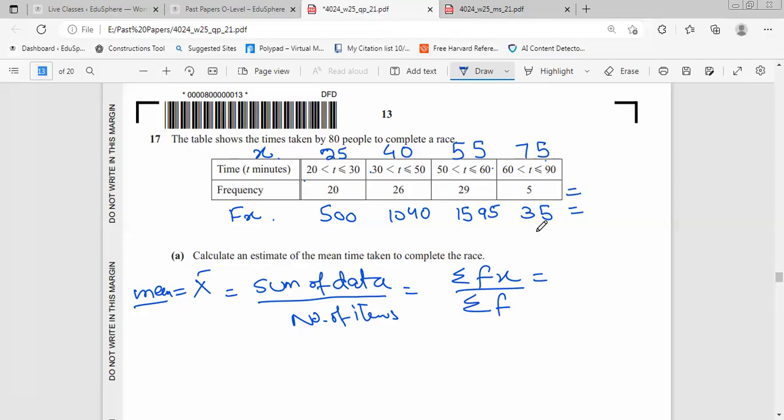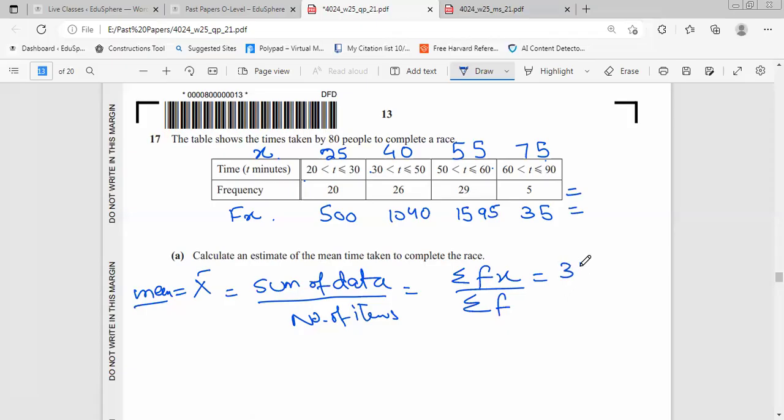So I'm going to add it. First I'm going to add all the fx values: 500 plus 1040 plus 1595 plus 35. I get 3170 here.